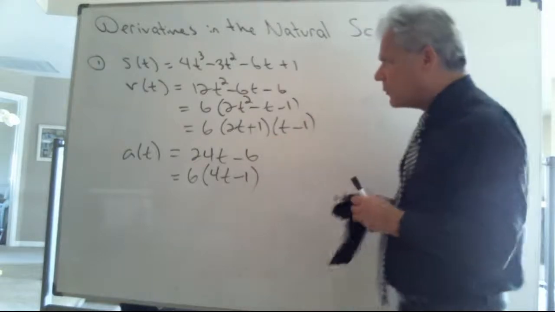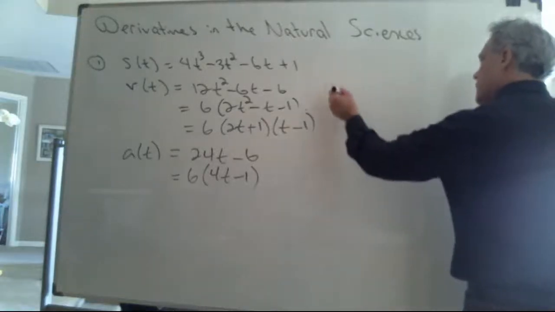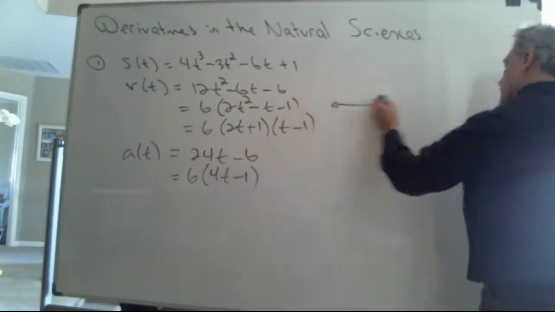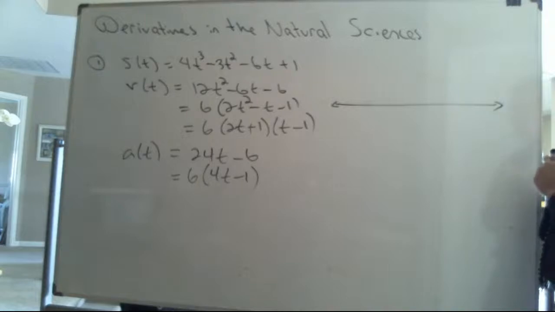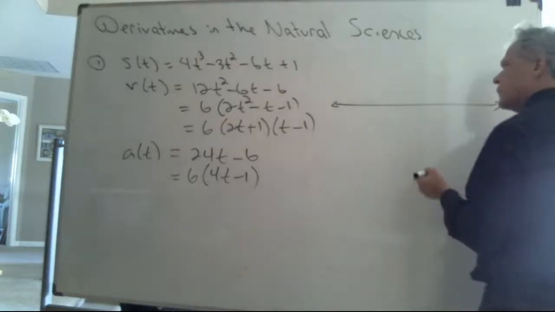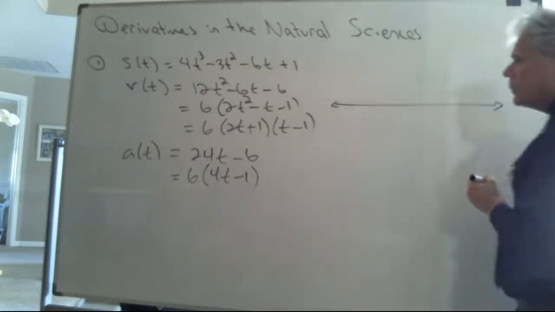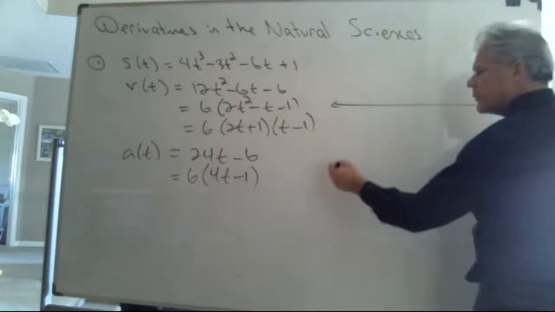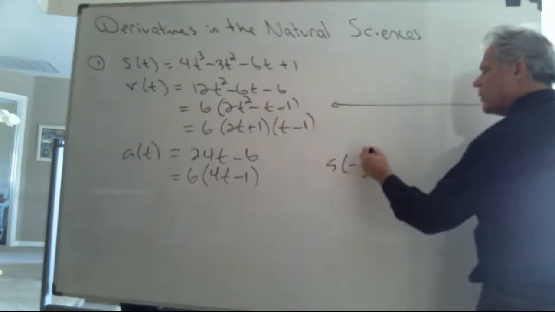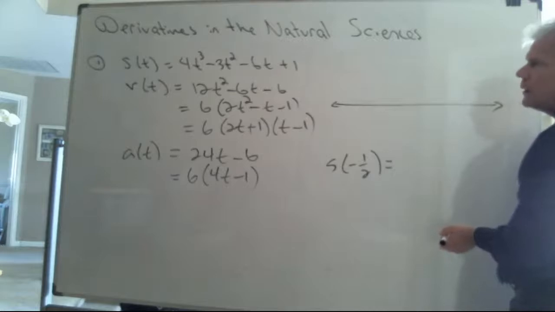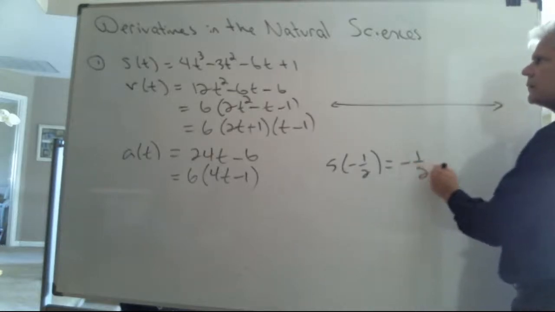As a matter of fact, I could probably draw a picture of this. Let's suppose this particle is moving along this number line. Now, I think at t equals -1/2, something interesting happens. If t is equal to -1/2, can we compute the position real quick? I don't know what it is. My apologies. Maybe I should have done this.